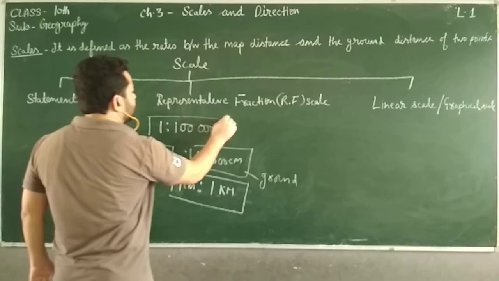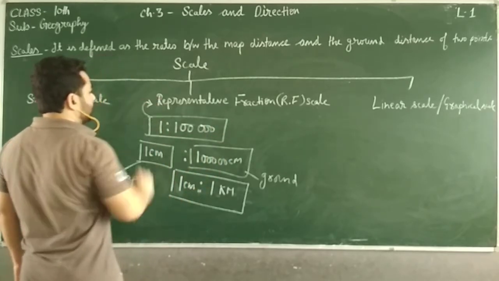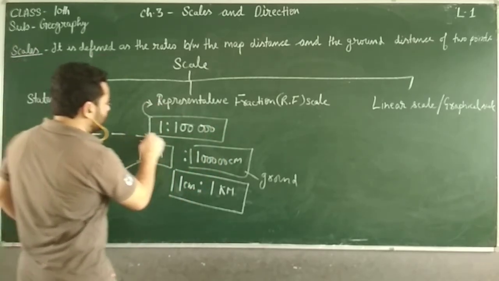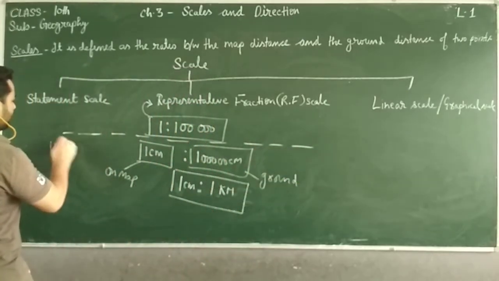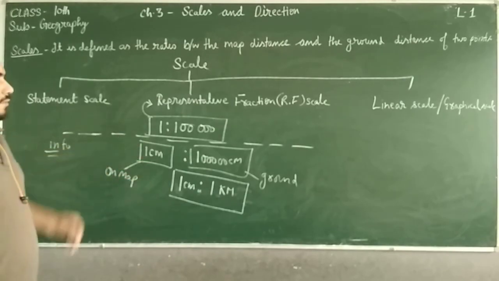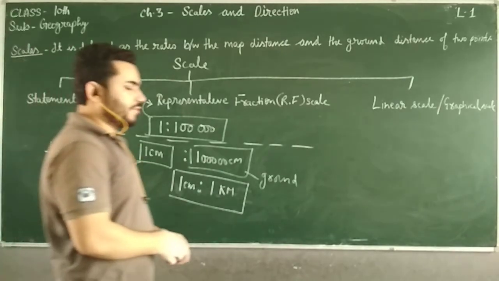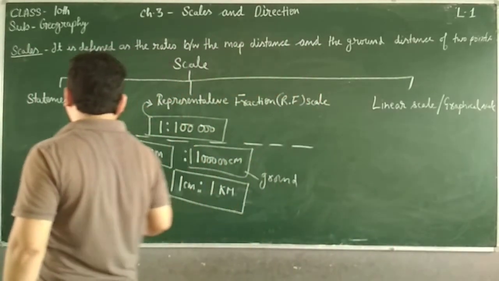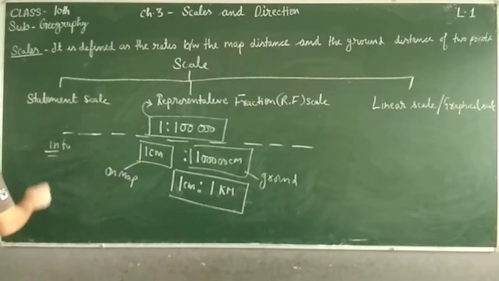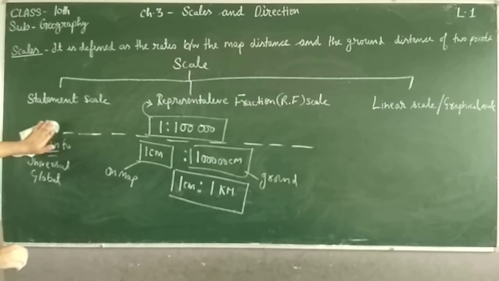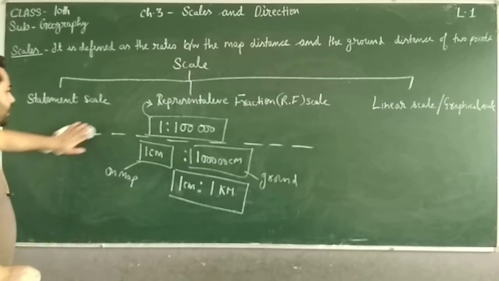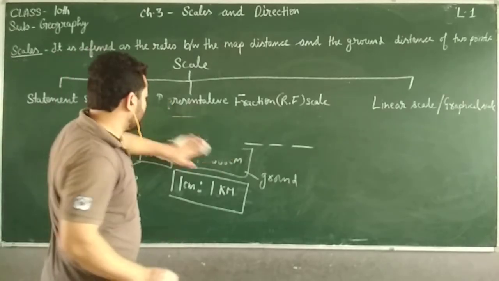This is the representative fraction, and here we have taken out so many pieces of information. It is also called universal scale, global scale, and it has more advantages than the statement scale as well as these other scales.